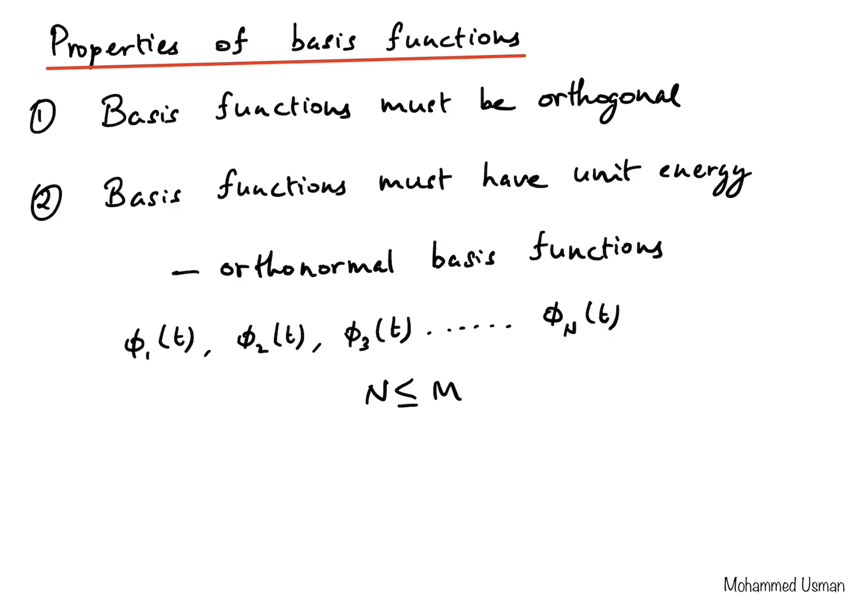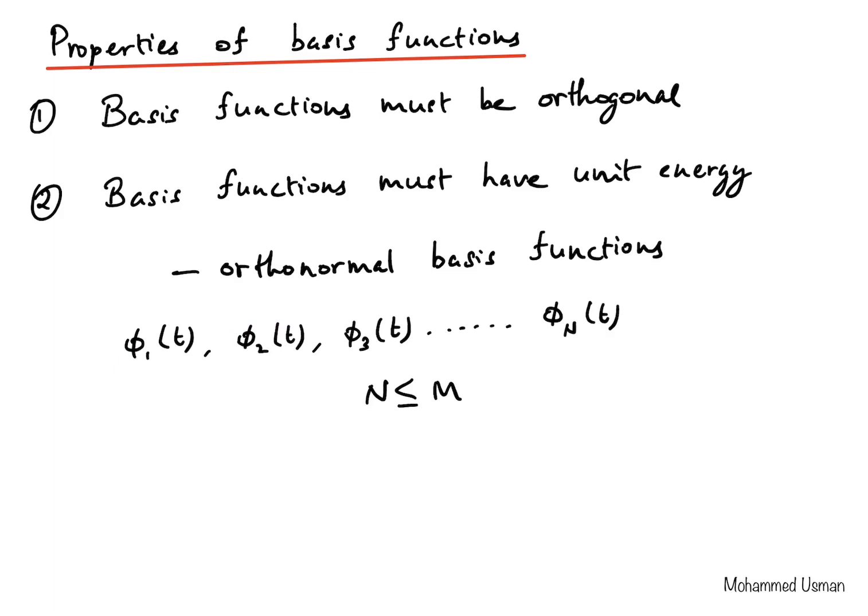Now we'll see how we can go about the process of representing the signals in terms of the basis functions, and later on, maybe in the next lecture or two, we will also discuss how to compute those basis functions. How do we find this phi1 of t, phi2 of t?